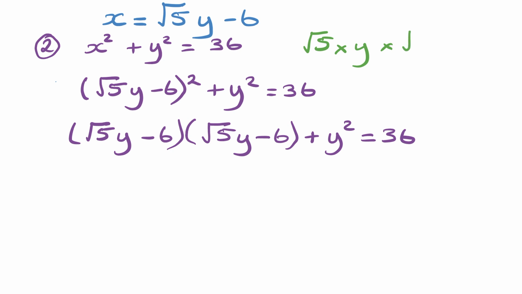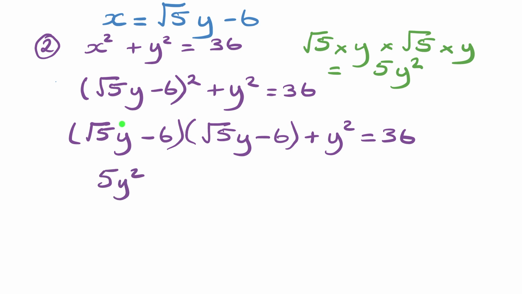So that's multiplied by root 5 again and multiplied by y. The root 5 multiplied by the root 5 just eliminates the square root signs, and you're just left with 5. So here you're going to have 5, and then y times y is y squared. So there's our 5y squared.